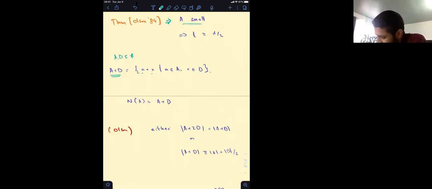And Olson's theorem basically says that either A plus 2D equals A plus D, or the size of A plus D is at least D over 2 more than the size of A. So this kind of implies that the graph is disconnected. Since we don't want this, we are left with this possibility.